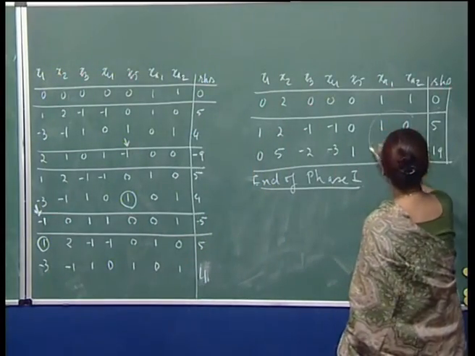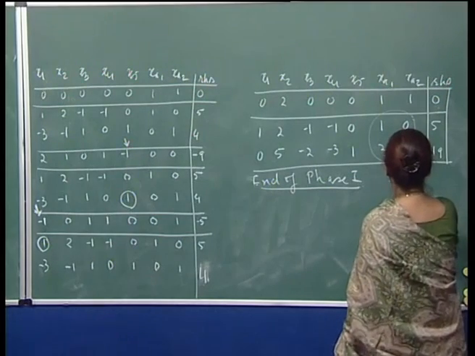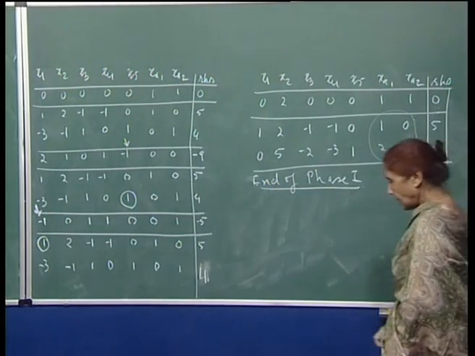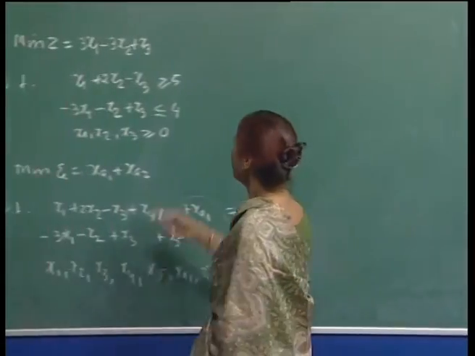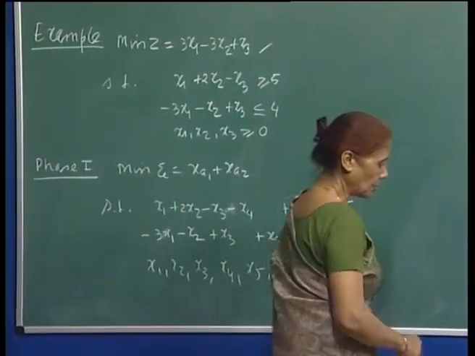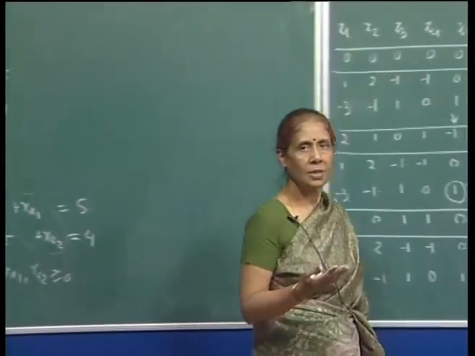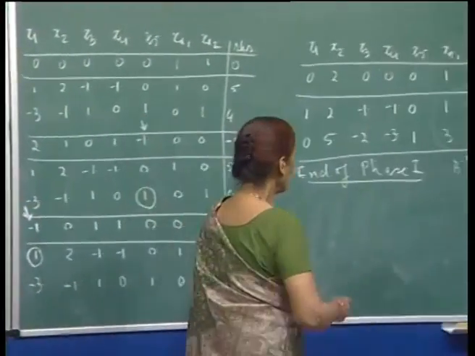So this is the current basis inverse, and to start solving this original problem, I need my Cj bars. And so what is the definition?